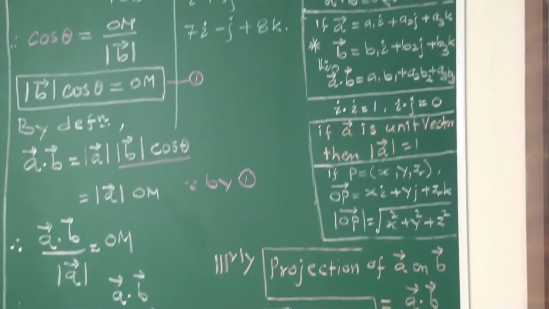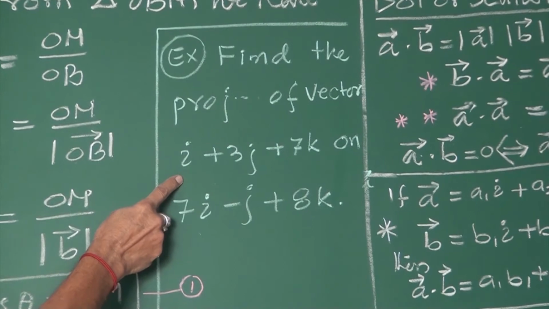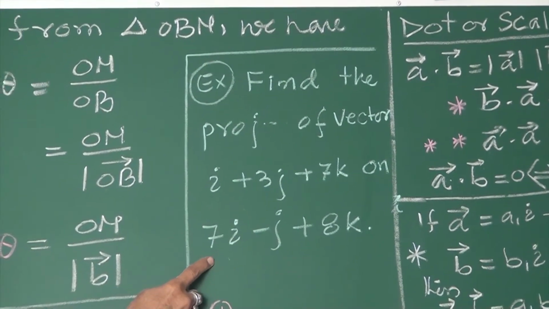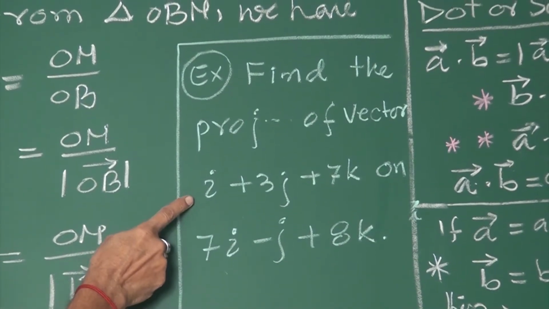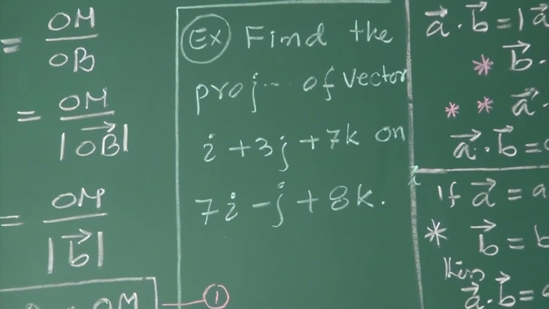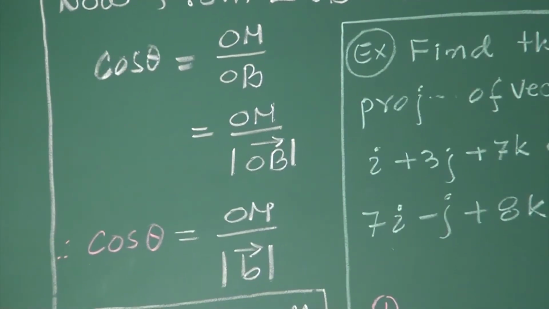Find the projection of vector i plus 3j plus 7k on another vector 7i minus j plus 8k. Then you denote the first as vector A and the second as vector B.